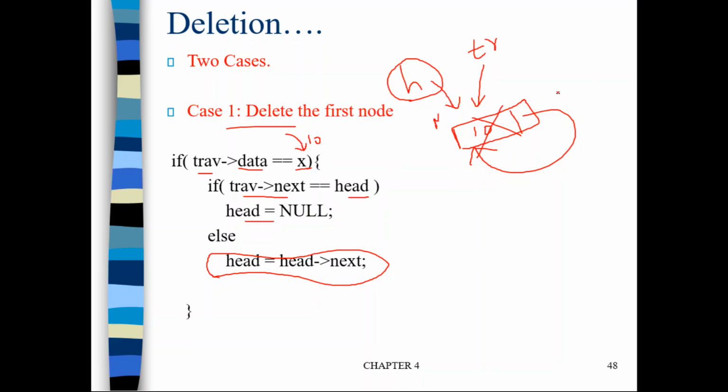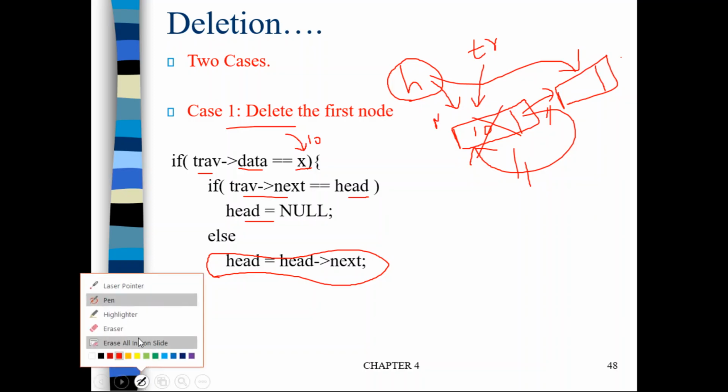Otherwise, it means there is some other node here, and the last node's next will point to the first node. In that case, we can just make head point to that particular node. So that is the logic for deleting the first node.